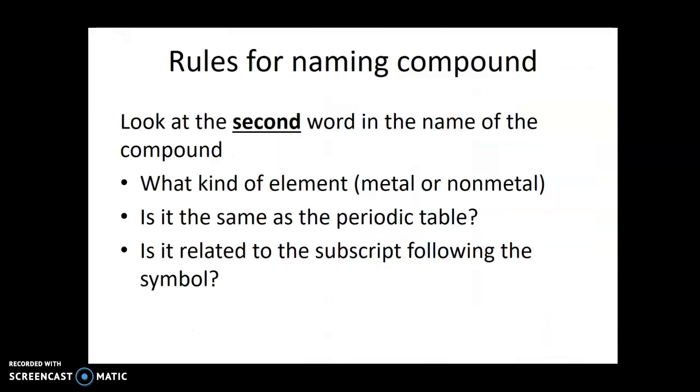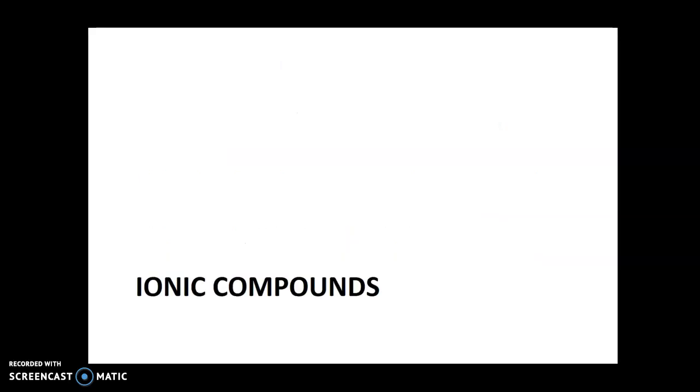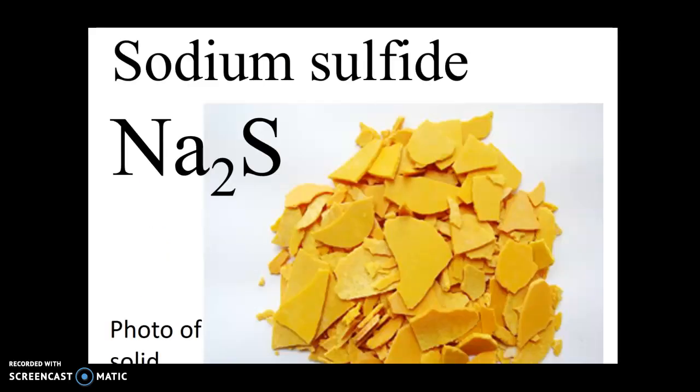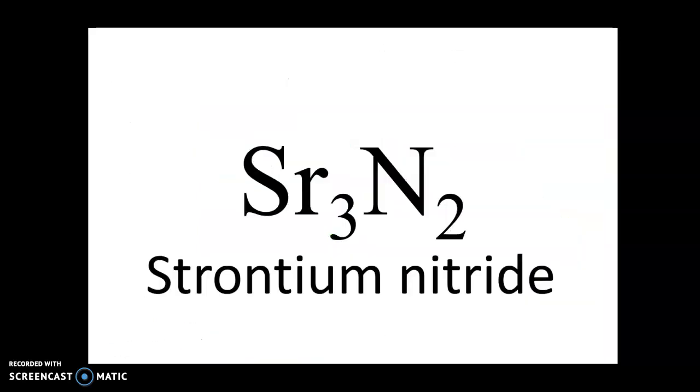Now we're going to look at those same compounds, and we're going to look at the second word in the name. Again, we want to see what kind of element it is, whether it's a metal or a nonmetal. Is it the same as the periodic table? And is it related to a subscript following the symbol? Again, we're doing ionic compounds. Na2S, the second word is sulfide.